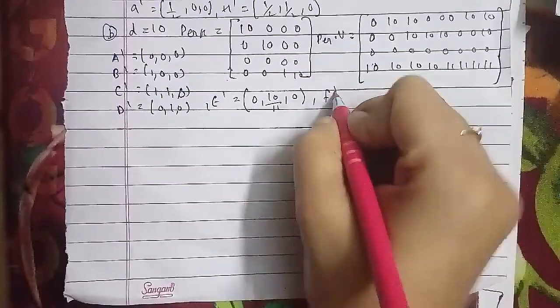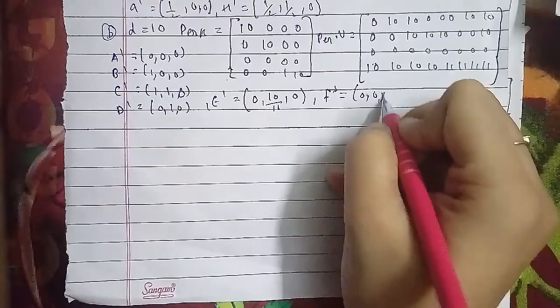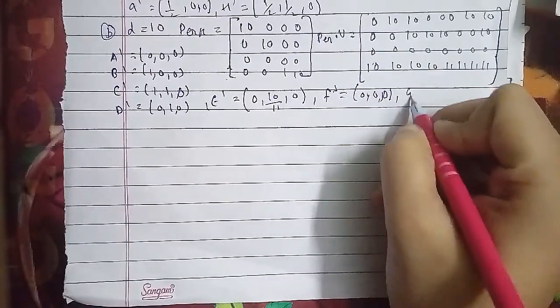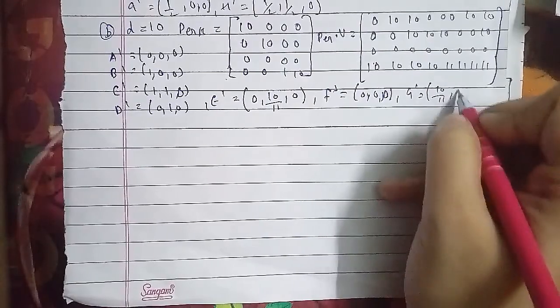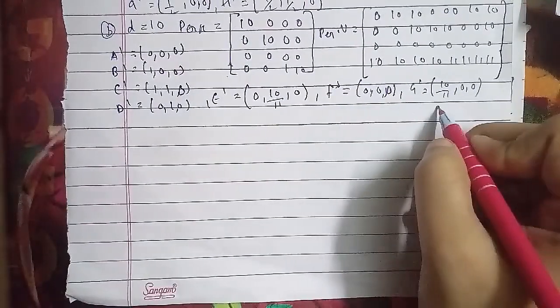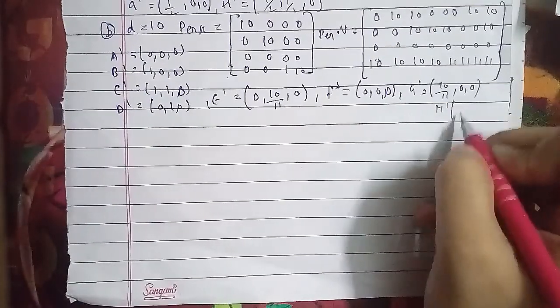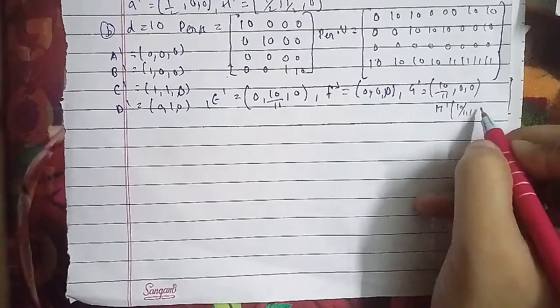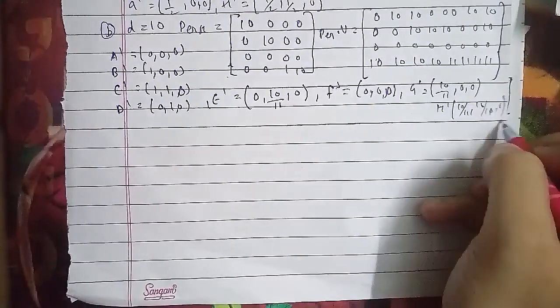F dash is 0 comma 0 comma 0. G dash is 10 upon 11 comma 0 comma 0, and H dash is 10 upon 11 comma 10 upon 11 and 0.